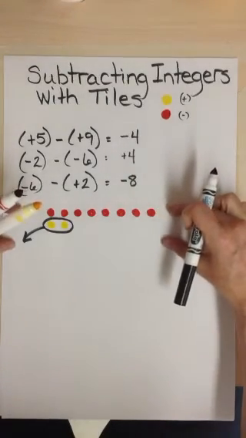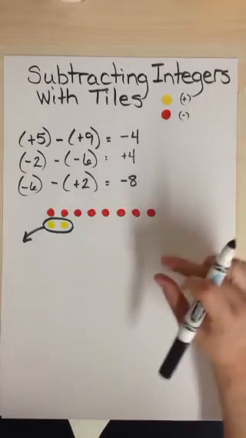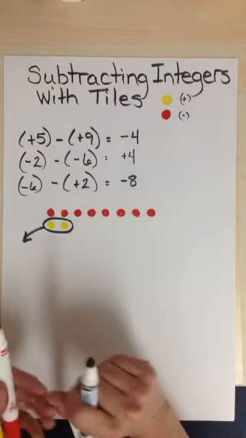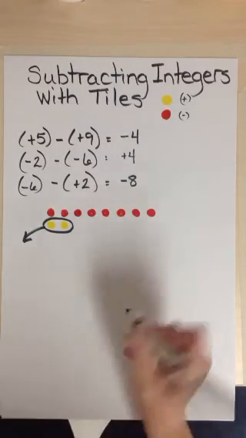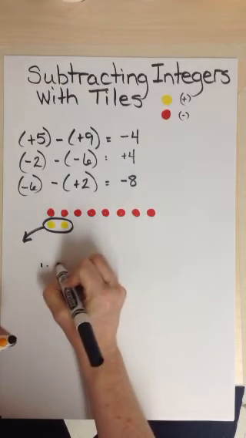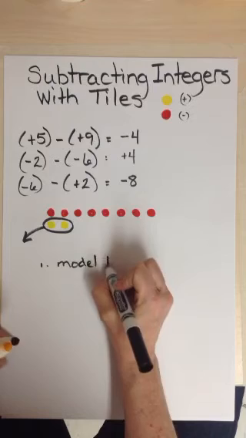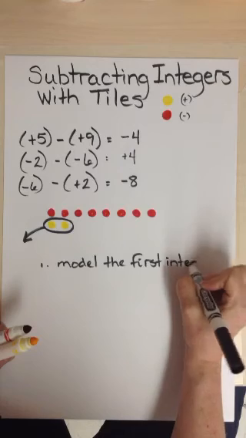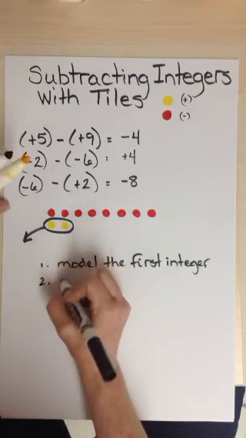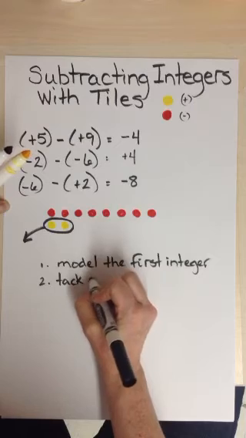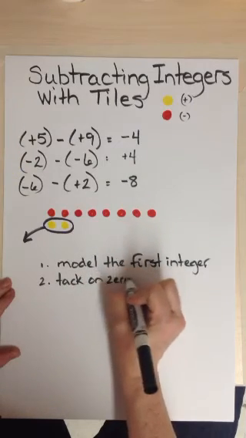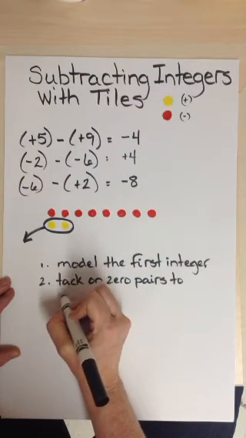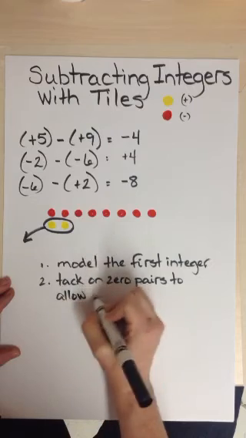Okay, so this is a format I'll be expecting to see from you when you're drawing it out rather than using the tiles themselves. To recap, remember: first, you need to model the first integer, then you need to tack on zero pairs to allow for the second integer.